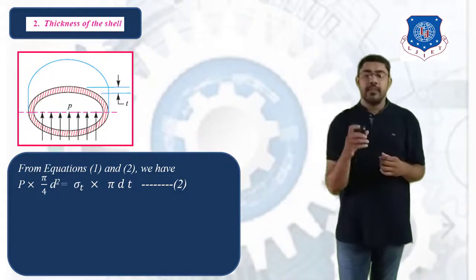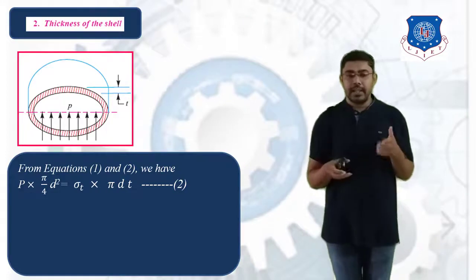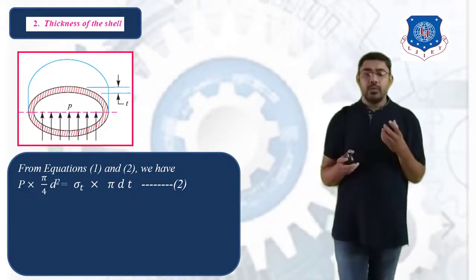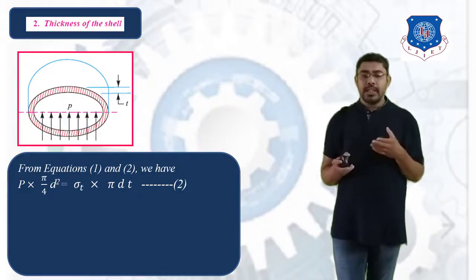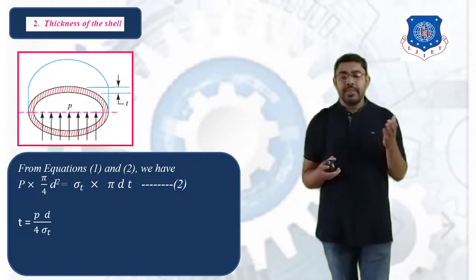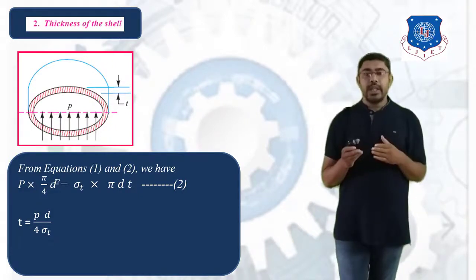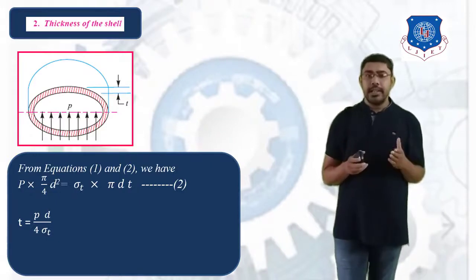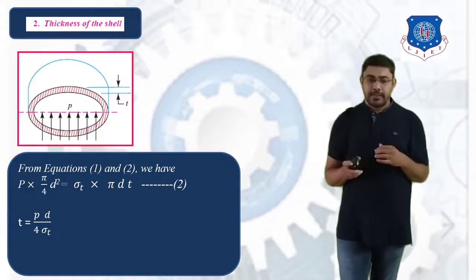This is the generalized equation. Now, simplifying it, we get t is equal to P into D divided by 4 into sigma t. This is the thickness of a spherical shell subjected to internal pressure P.